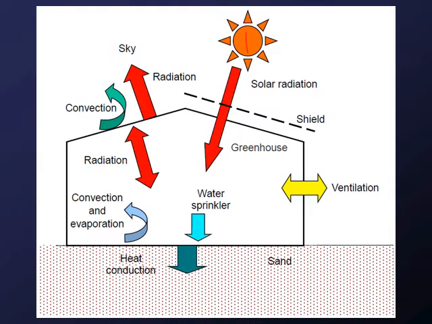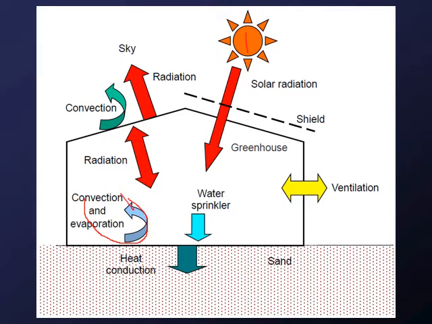That heat is stored in the greenhouse. In the greenhouse this week, we talked about how the concrete floors act as a heat sink, but not to mention all the soil that's underneath the greenhouse acts as a heat sink, and that stores heat, and that also re-radiates it later.